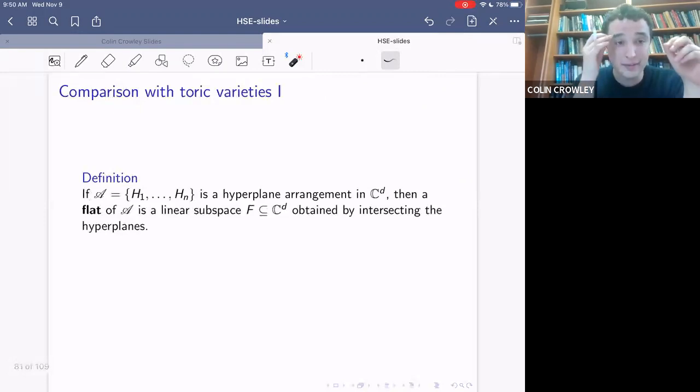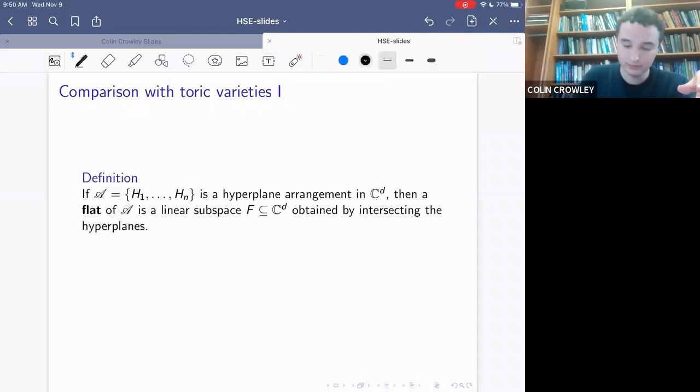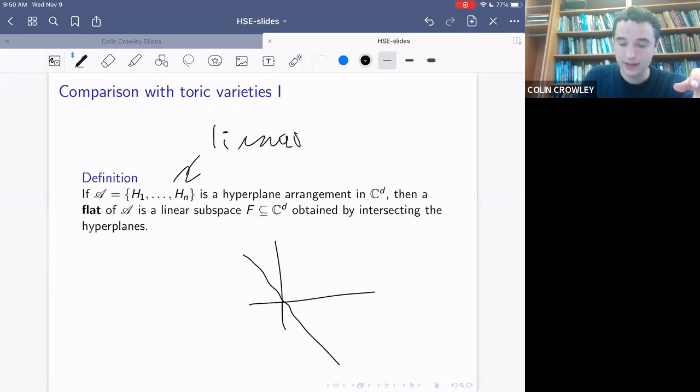So first I need to give a definition. So suppose I have several hyperplanes, like this perhaps. These are linear hyperplanes, so not affine. A flat of this arrangement is simply a linear subspace that I can get by intersecting hyperplanes. So there are 5 flats in this example.